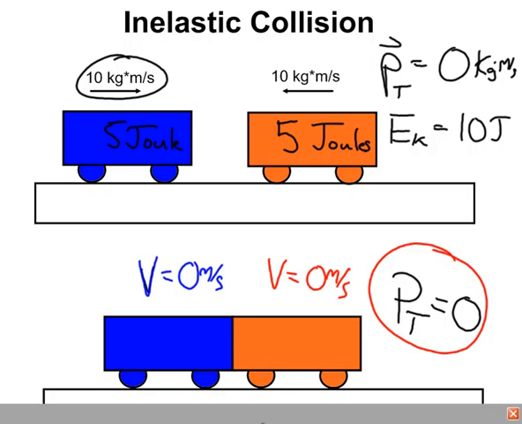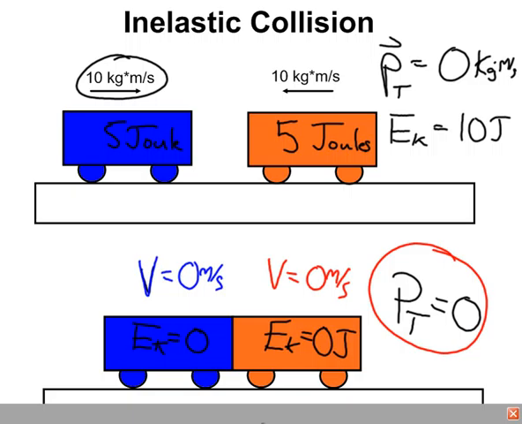How about the kinetic energy? Well, if the velocities are 0, then the kinetic energy of each object is now 0. They have no kinetic energy. Now, the energy has been converted to some other form, maybe heat in the bumpers, maybe some sound, maybe other forms of energy that have been lost from the system.